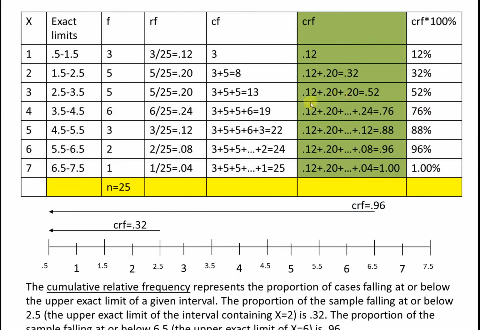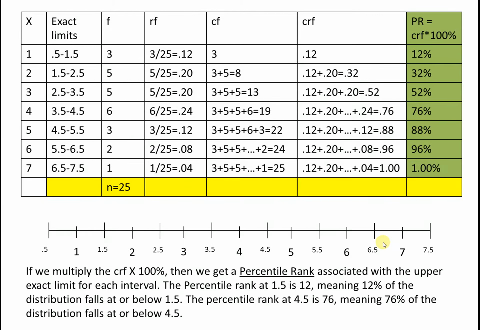So that process continues on out until we end up with a cumulative relative frequency associated with the upper exact limit from the top interval, which is 7.5. The CRF, or cumulative relative frequency, would be 1. Multiply that by 100%, and this actually should say 100%, not 1%.